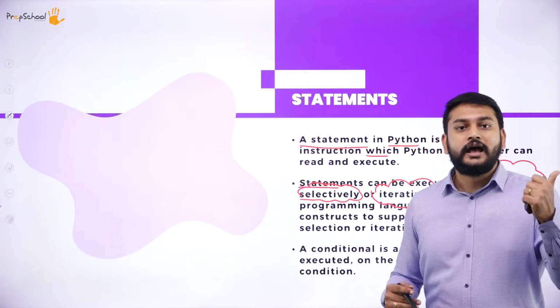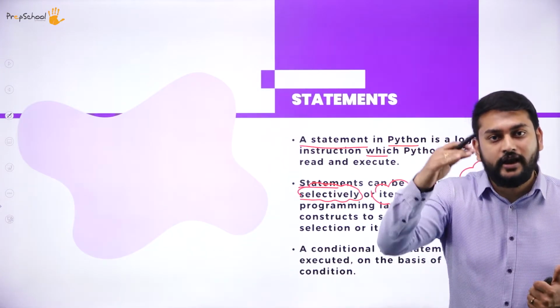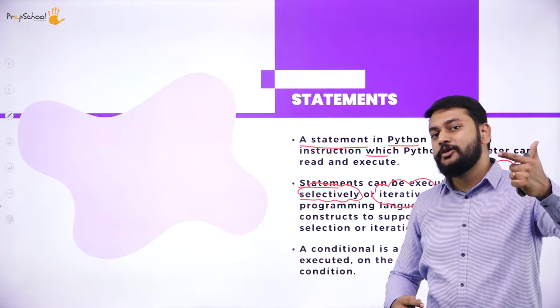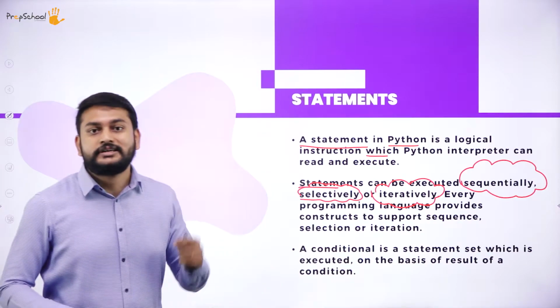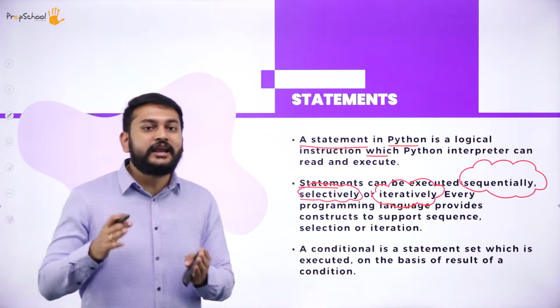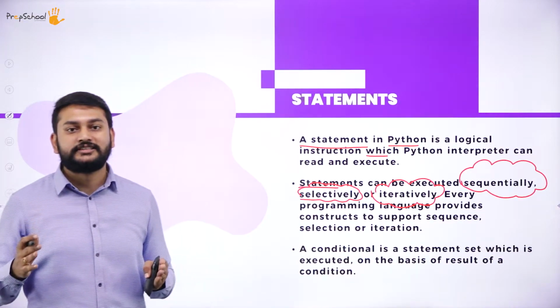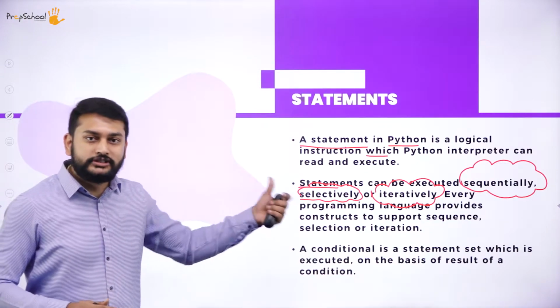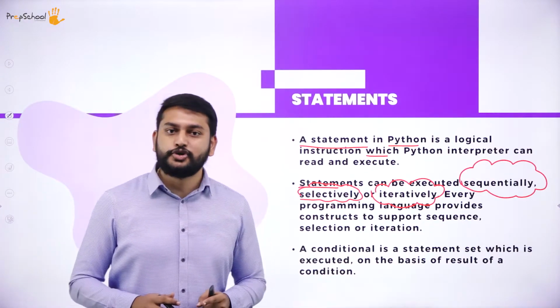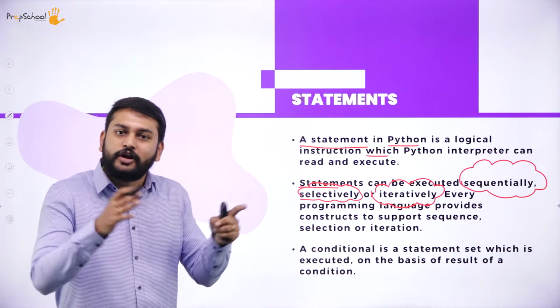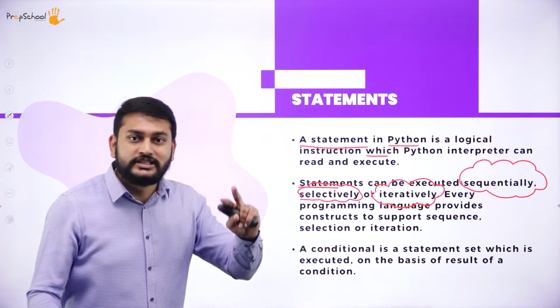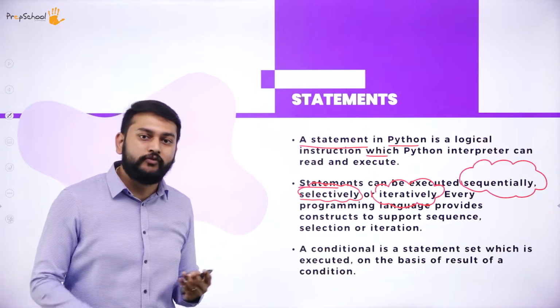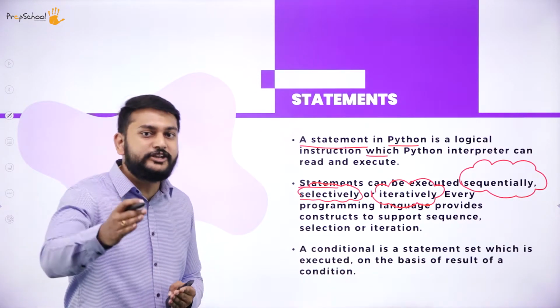One is sequentially, one by one. The second is selectively, and the third is iteratively. So this is the second point that you should remember. The first one is that it is a logical instruction that the Python interpreter can read and execute. The second is that we execute the statements in 3 different forms.